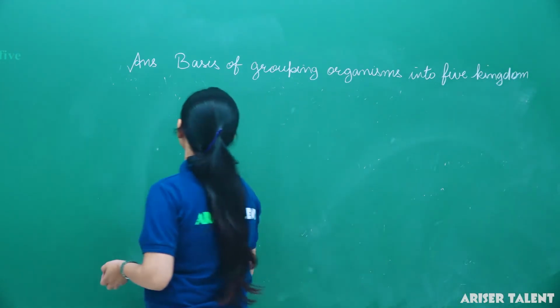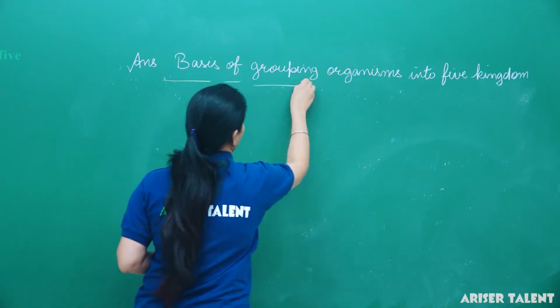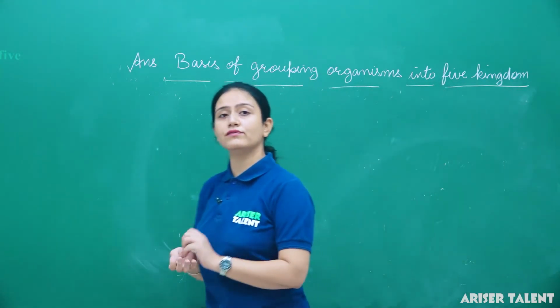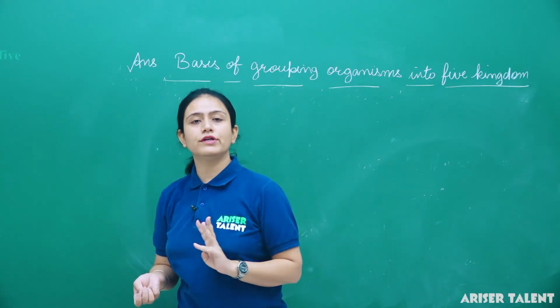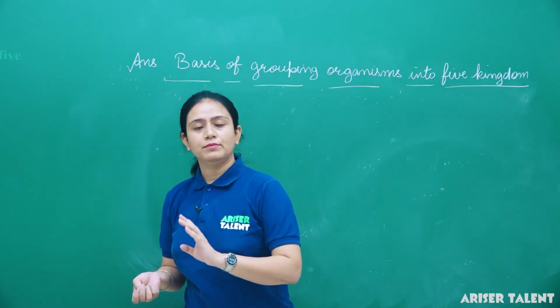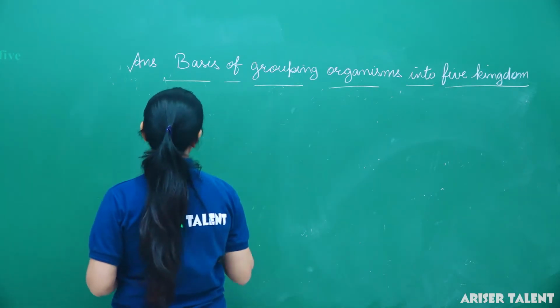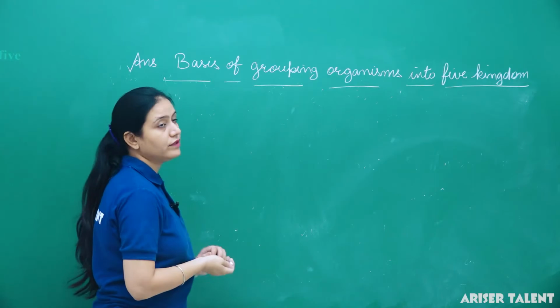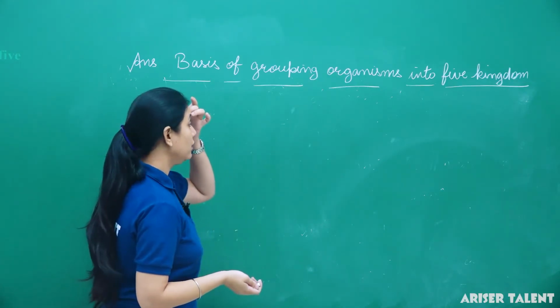So what are the bases on which the organisms are grouped into 5 kingdoms? What are the features on which they were classified into the different groups?